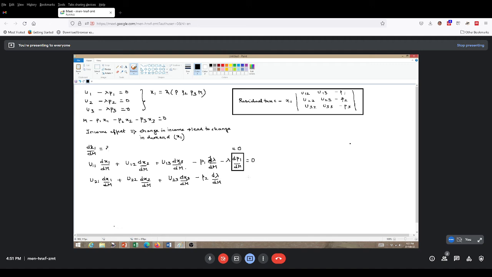There's no point in writing this. dP2 by dm, this will be 0, so it's equal to 0. u31 dx1 by dm, this is u32 dx2 by dm, u33 dx3 by dm, this is p3 d lambda by dm, and this is also equal to 0.